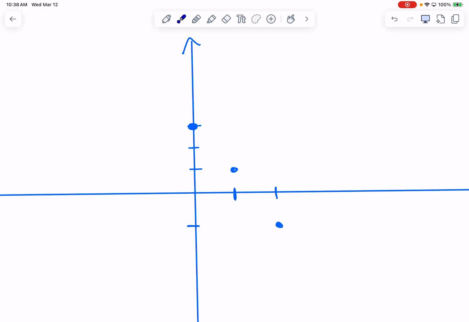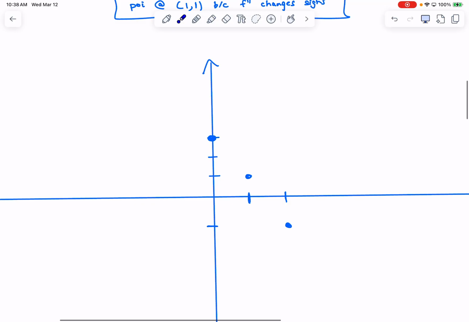So according to the sign analysis, it starts out increasing, correct? And we're going to be curved down. And then all of a sudden, we're still curved down, but it switched to decreasing. You need to make it look like it's curved down still. And then at 1, 1, what happens?